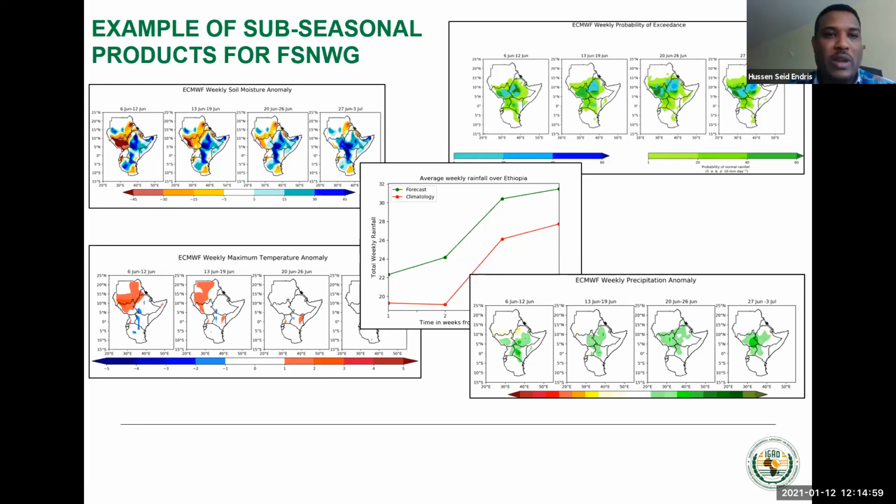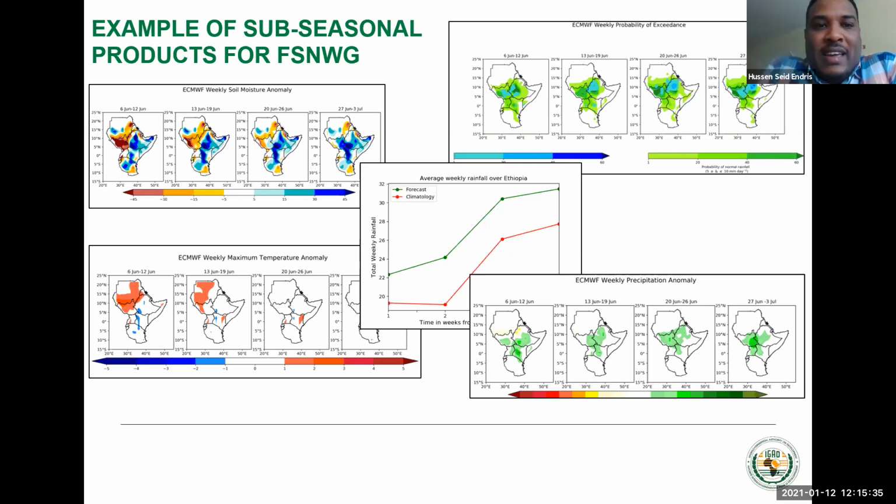So products like the soil moisture anomaly, and also the weekly maximum temperature anomaly, the rainfall anomaly, as well as probability of exceedance for those particular areas, and also the area average over a particular country. This one, we get real-time data through the SWIFT project and W2C project. This one is mainly for the food security and nutrition working group.